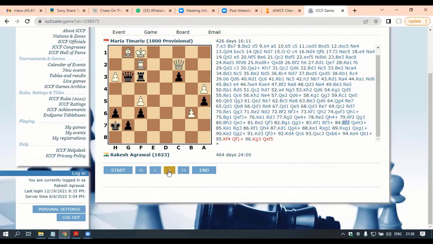Now, without looking at the notations, tell me what you write for the queen. The queen is doing this. Q cross H3, and plus. Yes, it's a check. You are right, the king is there. Very nice.